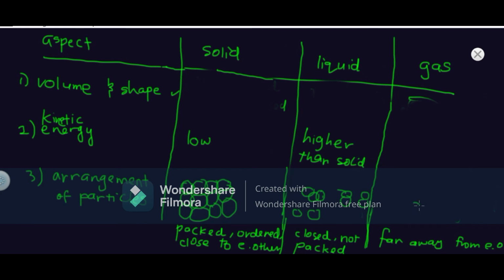If we look at the arrangement of gas, they are so far away from each other, so free to move. When they are free to move, they do more movement, so they have more kinetic energy. So the kinetic energy of the particles is very high.